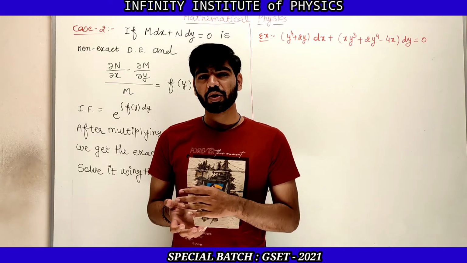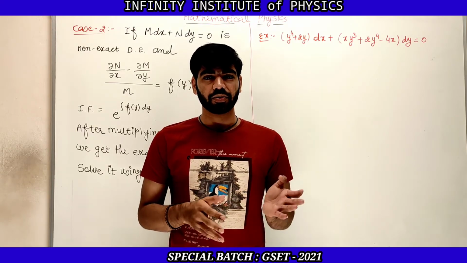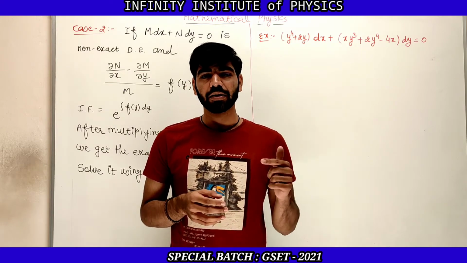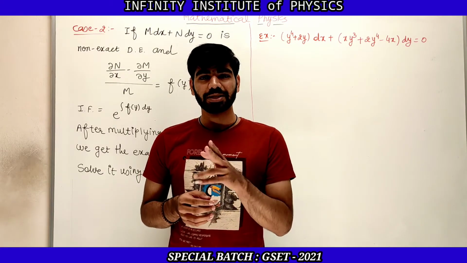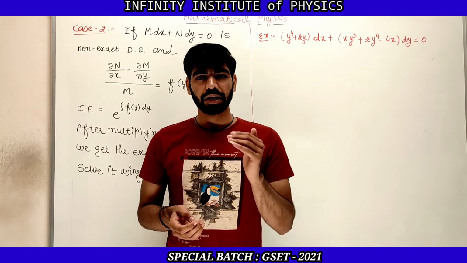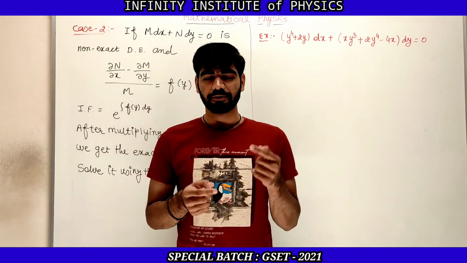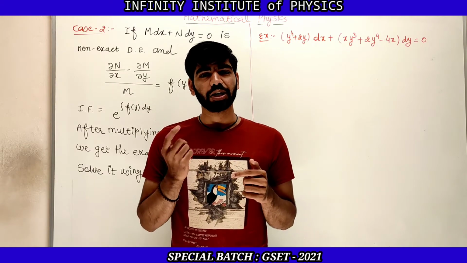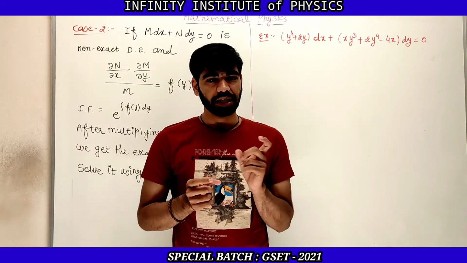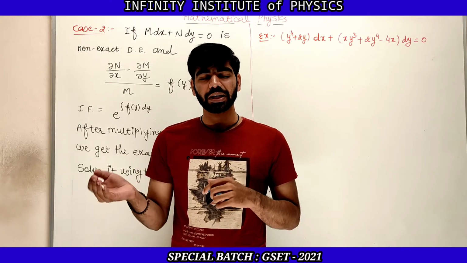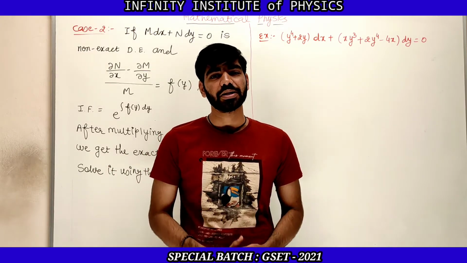And then we have the non-homogeneous differential equation. For non-homogeneous we studied two cases. If dy by dx is equal to a1x plus b1y plus c1 upon a2x plus b2y plus c2, we have two cases. If a1 by a2 is equal to b1 by b2, then we just need to assume a1x plus b1y is equal to t, and we can convert it into variable separable.